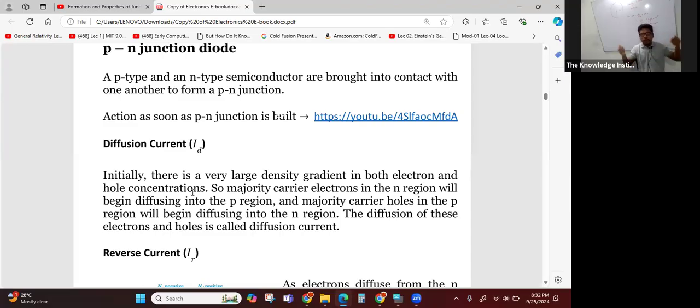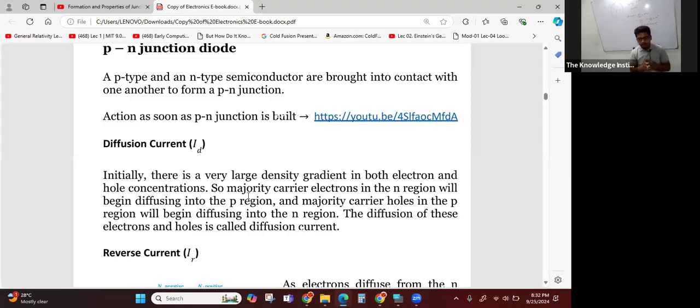Initially means as soon as we contact p-type and n-type semiconductor, right? So initially there is a very large density gradient in both electron and hole concentration.